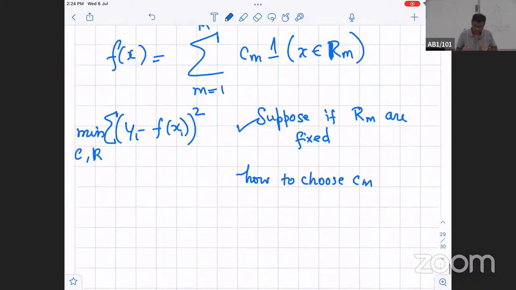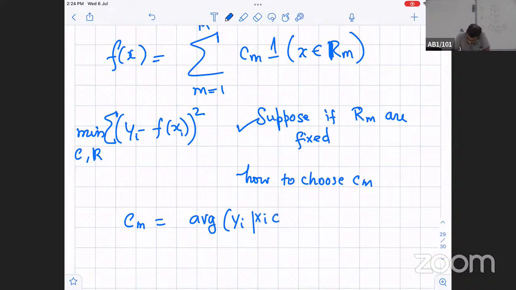You just look at the average value in that region. So cM will be equal to the average over all the yi's such that the ith point xi belongs to region RM. This is going to be my estimate for cM.